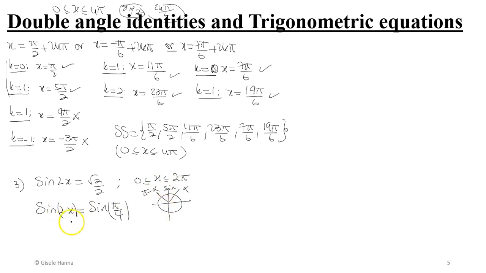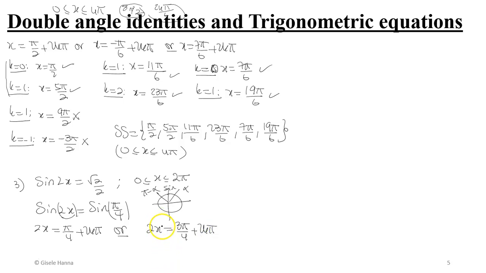But watch out here that you are actually taking a 2x here. Okay, so it's 2x equals pi over 4 plus 2k pi, or 2x equals pi minus pi over 4, that's 3 pi over 4 plus 2k pi.